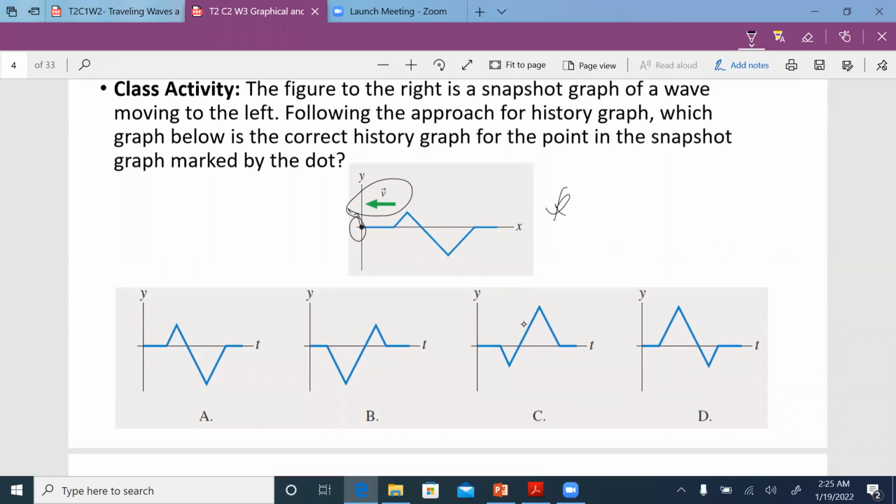We mentioned that in the history graph we saw, there was a flip, and it does not always have to flip. So if you look at this, this is the snapshot. And the question is, which of these options is the appropriate representation of the history graph for that dot on this snapshot?